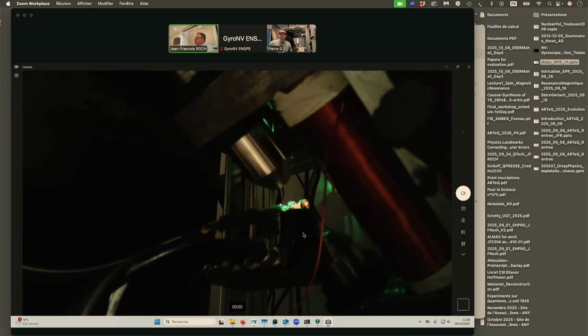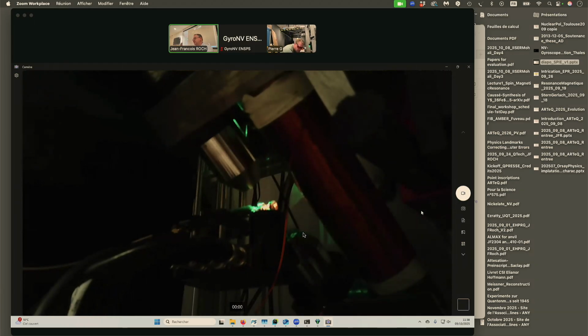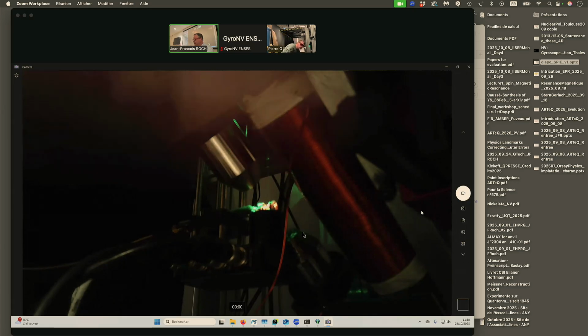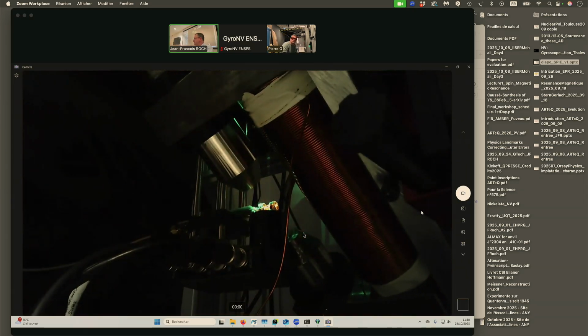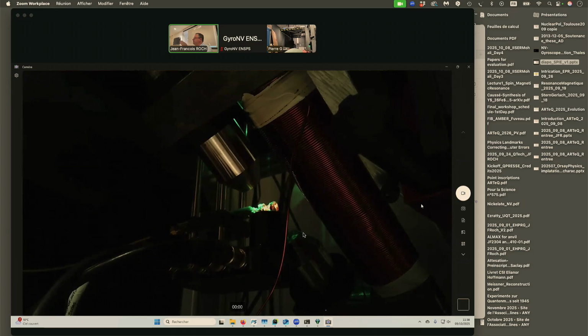What we want to do is apply a magnetic field that will allow us to transfer the NV polarization, electron spin, to the nuclear spin polarization of the nitrogen-14 that is intrinsic to the NV center. This is done by applying a strong magnetic field at around 500 Gauss and aligning it on the direction of one NV family.